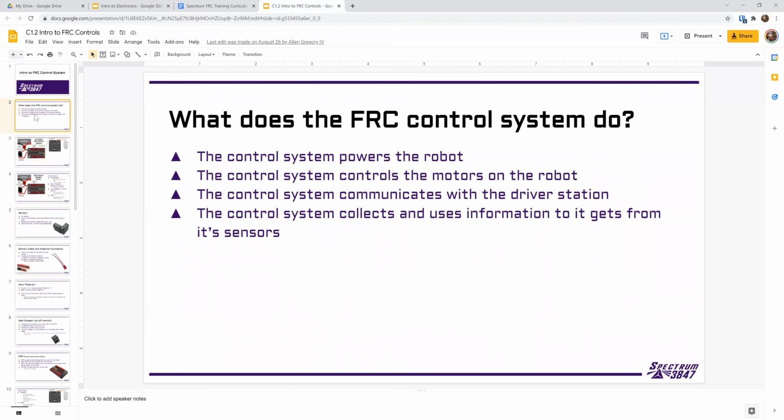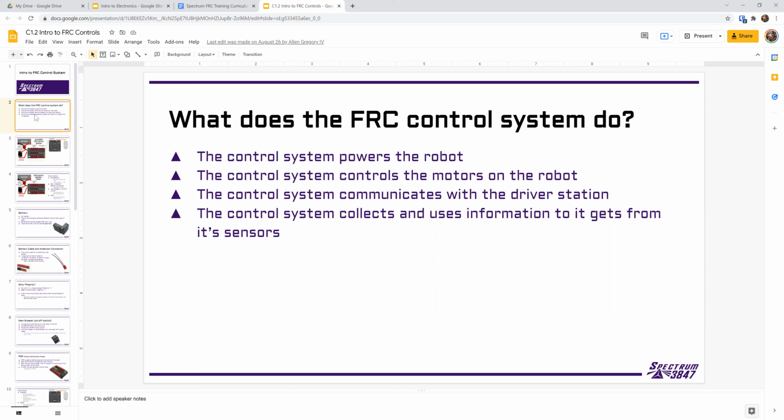Okay, so I'm going to talk specifically about the electronics of an FRC robot. What is it that they do? It powers the robot. You think about the battery, and then all the control system stuff is what distributes the power to the motors on the robot. And then it also communicates with the driver station. It receives the instructions from the driver and tells them to the Robo Rio.